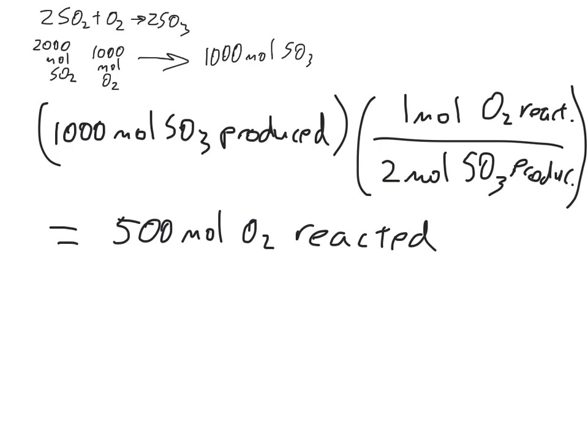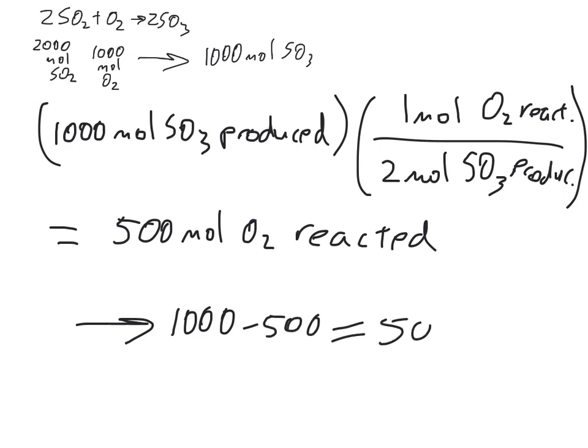Looking at that, if I start with 1,000 moles and 500 moles of the O2 reacted, that means I have 1,000 minus 500 equals 500 moles of O2 left. So that's how many moles of O2 I have after this reaction takes place.